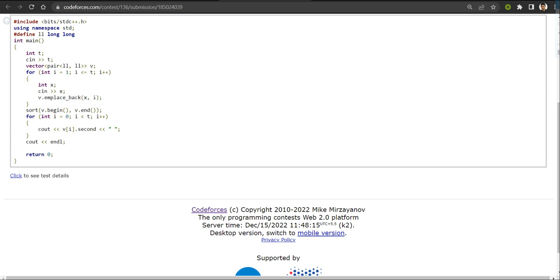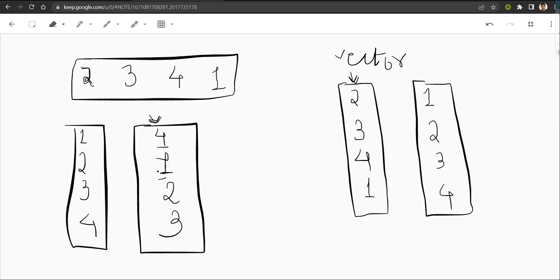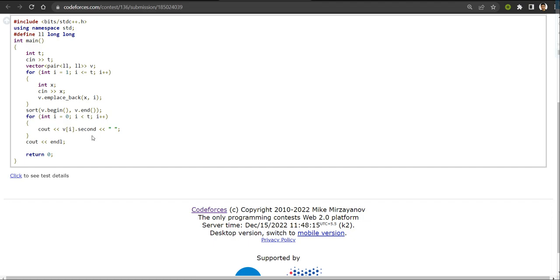Now I'm sorting my vector according to the first element, and after that I'm simply displaying the second element, by vi of second. So this is our final code.